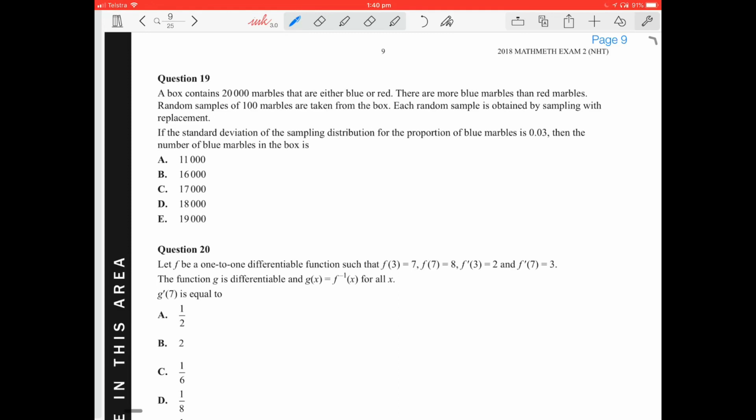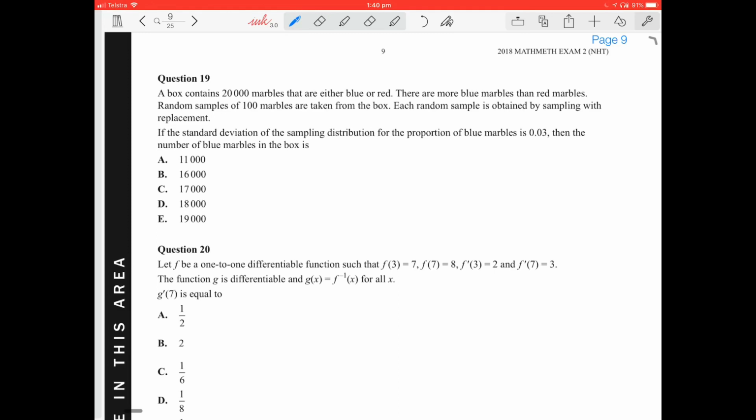Random samples, the sampling distribution for the proportion of blue balls, standard deviation for the proportion of blue balls. Each sample is obtained by sampling with replacement. The standard deviation of the proportion of blue balls is 0.03.